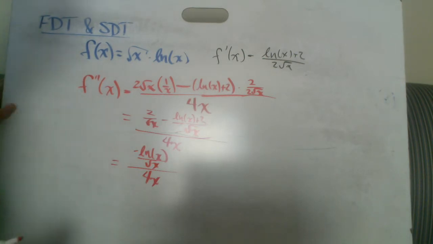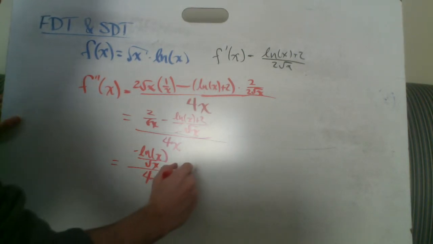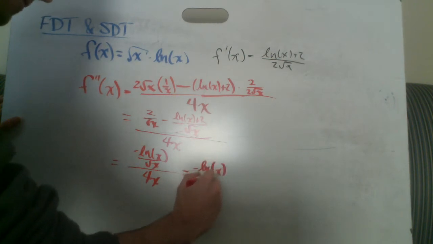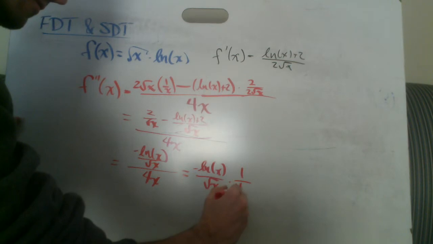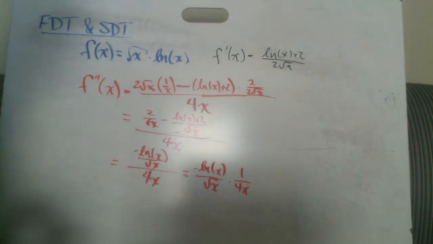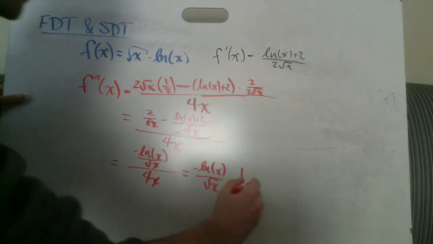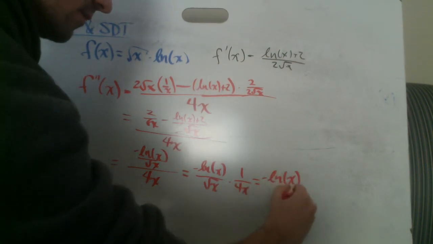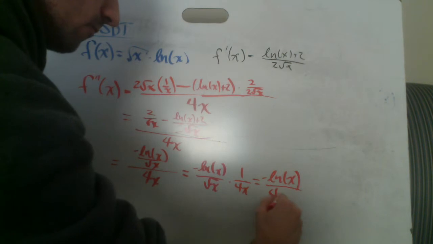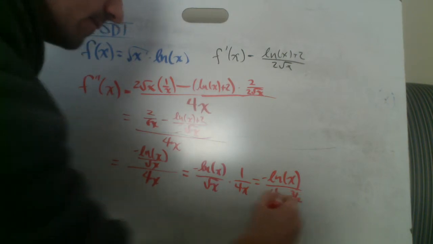And maybe you don't love fractions in fractions. I don't love fractions in fractions, so I like to rewrite this. Since I'm dividing this fraction by 4x, it's the same as multiplying by 1 over 4x. And that makes it a little bit easier for me to see what's happening here. And so I end up getting negative ln x all over 4x to the 3 halves.